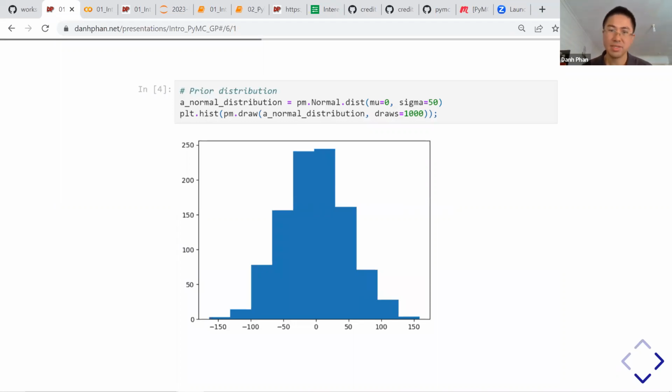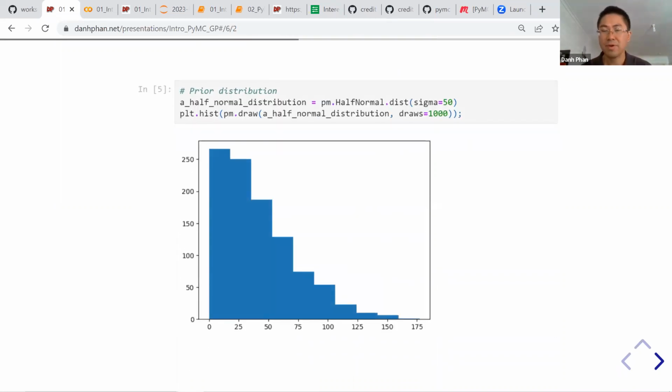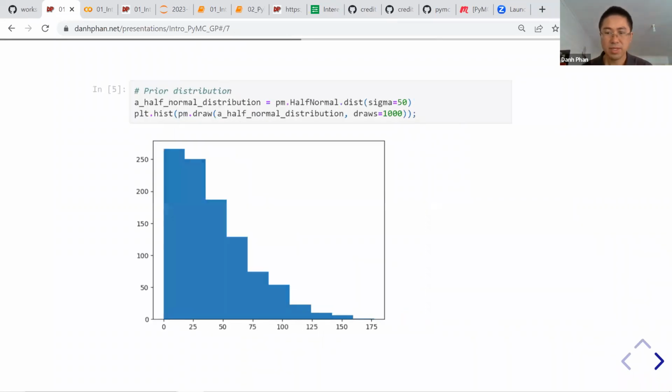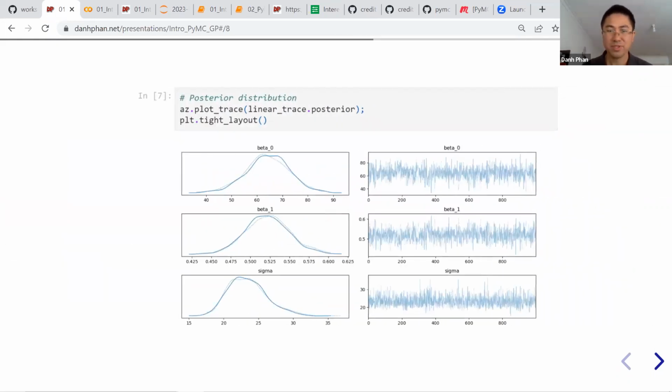So here is the normal distribution for beta 0 and beta 1, and here is a half normal for sigma, and we can do the sampling to get our posterior distribution. In PyMC, we just need to call pm.sample, and the default sampling method here is NUTS, the No-U-Turn Sampler, and we will have our posterior.